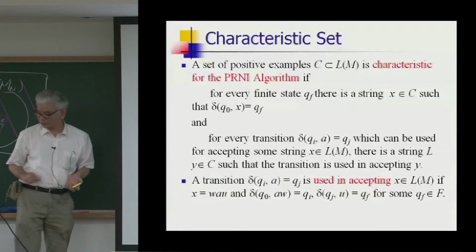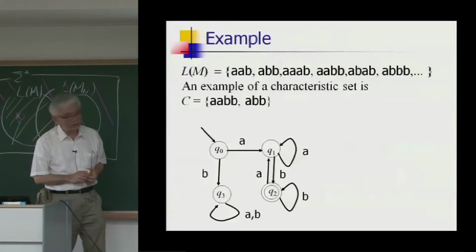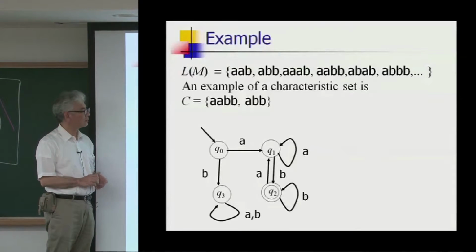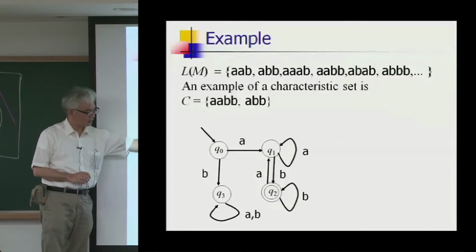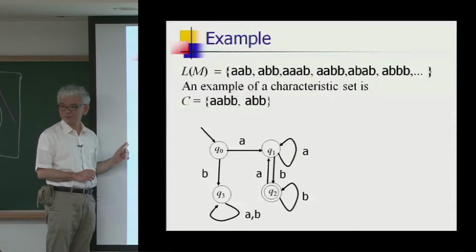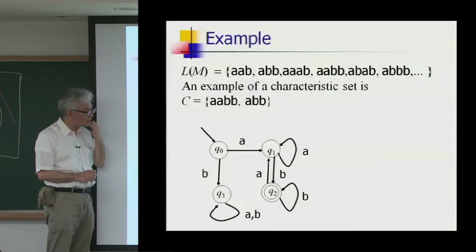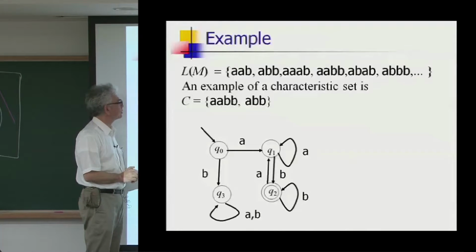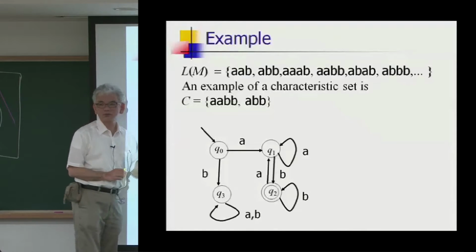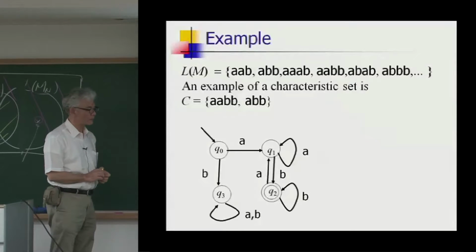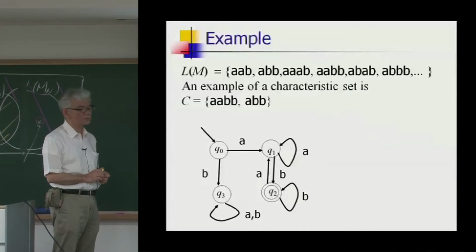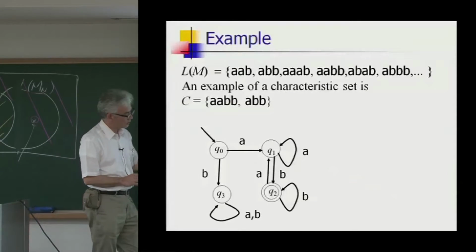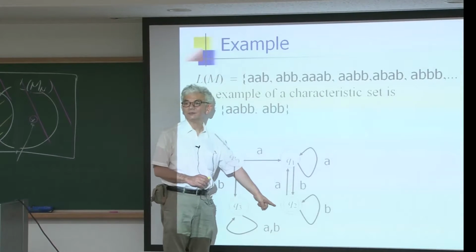And this is a very complicated definition, but the intuitive meaning is very easy. For example, this is a target automaton, an unknown automaton. And the characteristic set is this one, which consists of only 2 strings. At first, we have only one final state here.